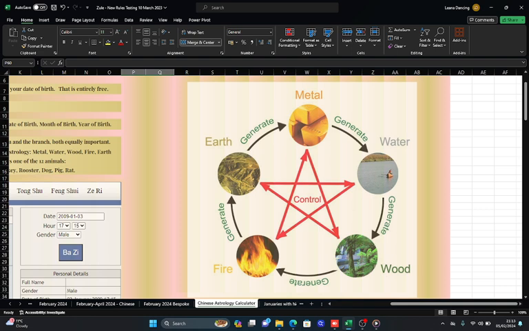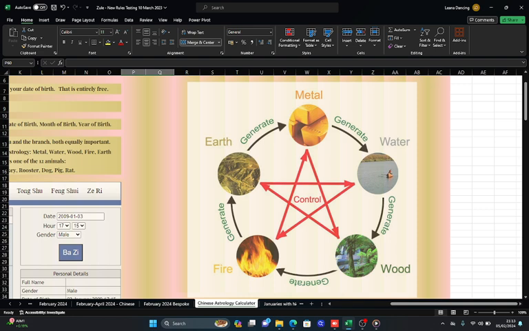What it means in the sense of finance is, if for example wood destroys earth as it is described here with the red arrows, it means that earth is the money for wood, that wood is exploiting earth and making their money from earth. So earth represents money for wood, and on the other hand, wood represents career or a job or an employer for earth, because earth also makes money from wood but in a submissive role.